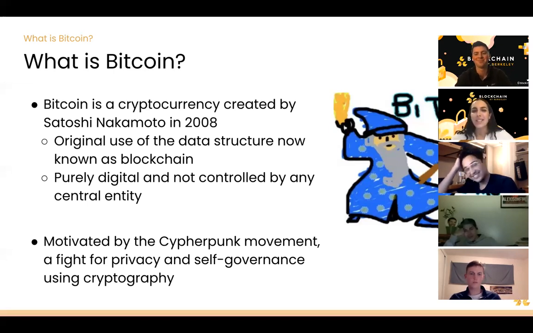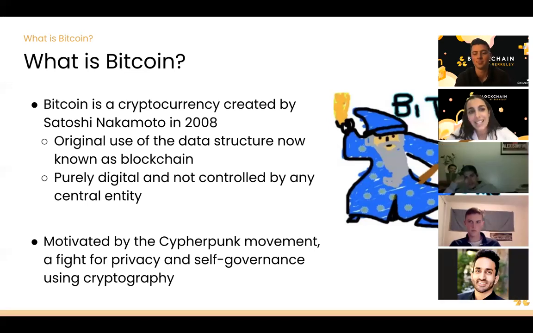But Bitcoin was the original use of blockchain. And what was so cool about it was that it was this purely digital form of currency that was actually usable and that wasn't controlled by any central entity. This person, whoever they are, came up with a way to solve this issue of needing a third party in order to execute transactions and have trust in those transactions, right?